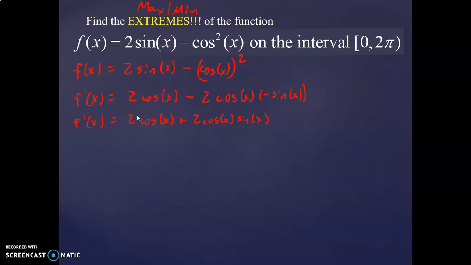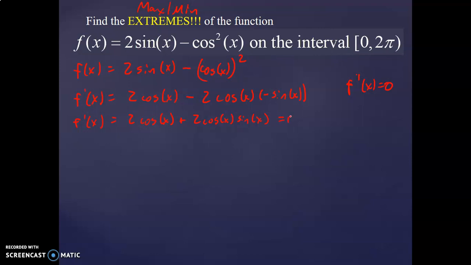All right, so now we want to figure out where the derivative is 0 or undefined. Cosine and sine are defined everywhere, so I just need to know where this is equal to 0. So the first thing I'm going to want to do is make sure at some place I write f prime of x equals 0 to show the AP reader that that's how I'm going to find my extreme values.